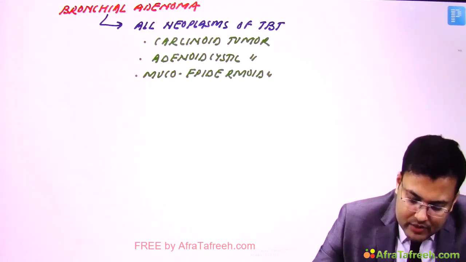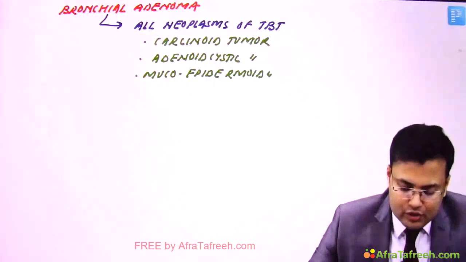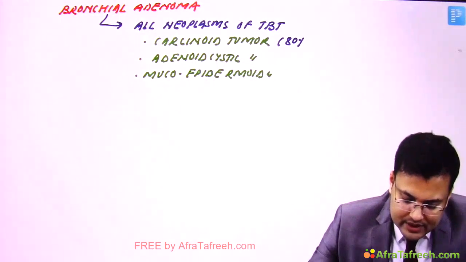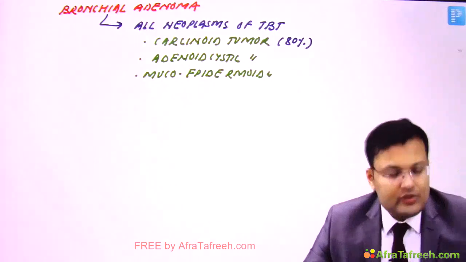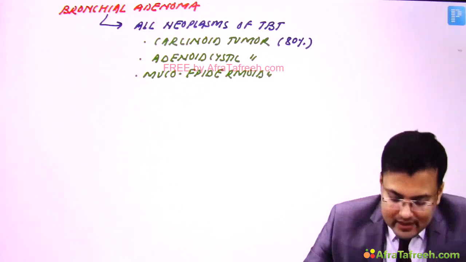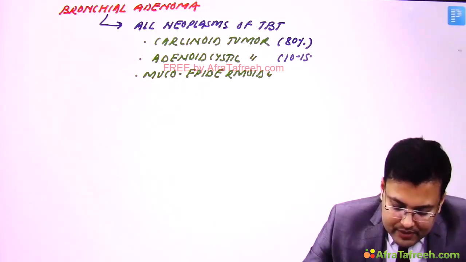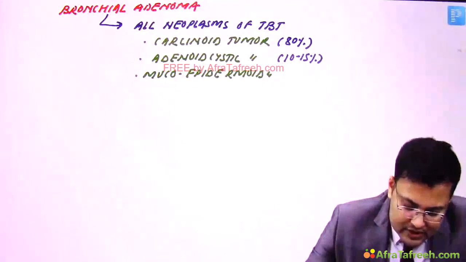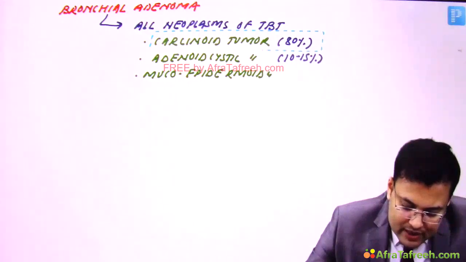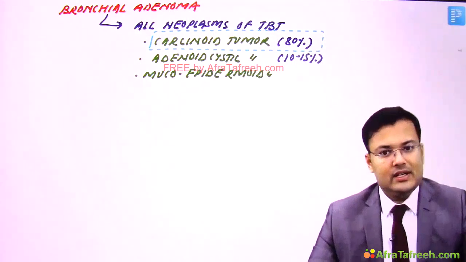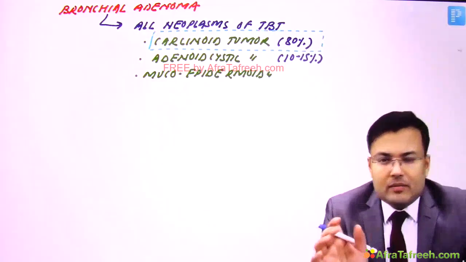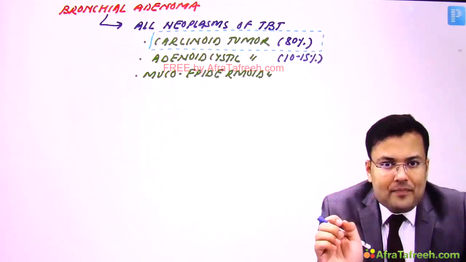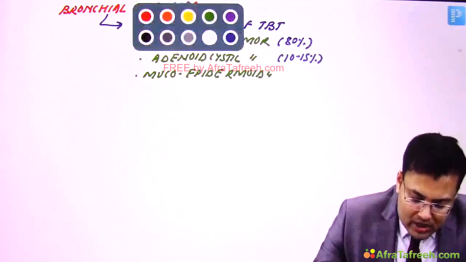So these are common tumors. Out of these, most common is carcinoid. See the percentage, 80%. And adenoid cystic is 10 to 15%. So this is the question, that in bronchial adenoma, what is the most common type of tumor? It's carcinoid.